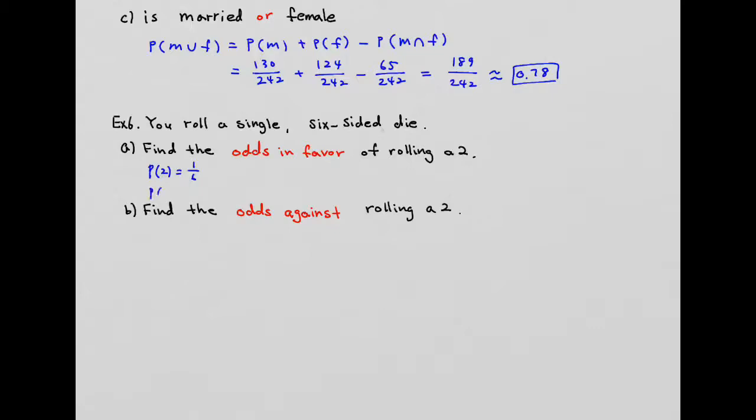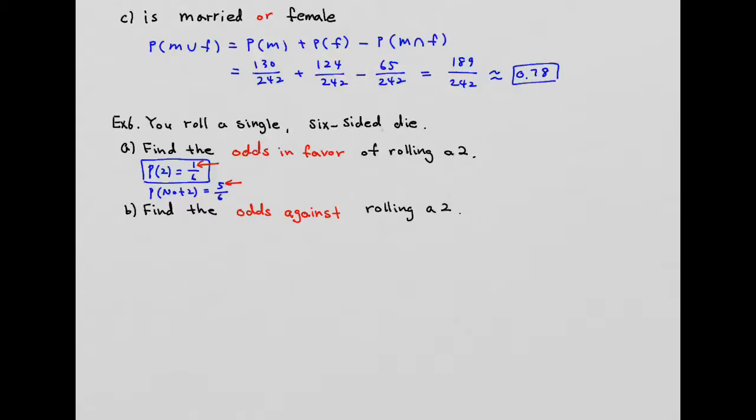And the probability of not rolling a 2 is whatever is left over, so 5 over 6. If we want to find the odds in favor of rolling a 2, what you're going to do is only count the numerators right here.